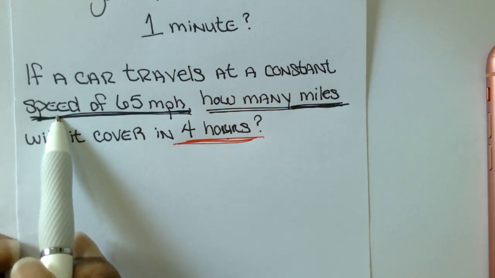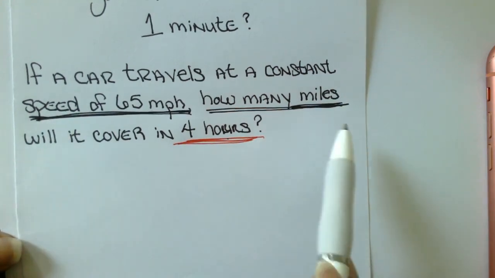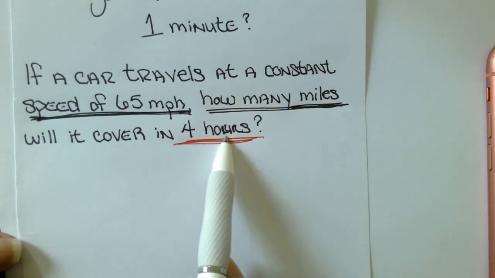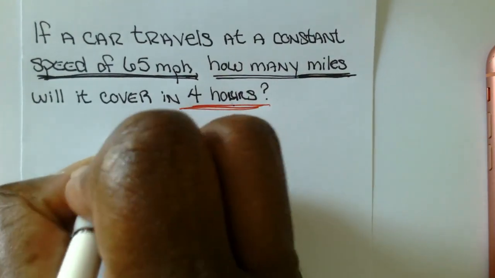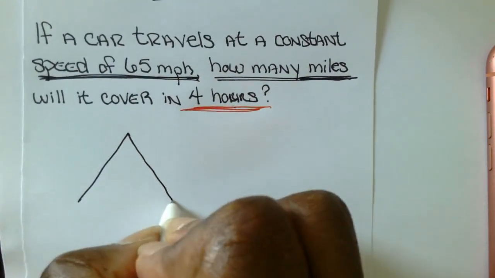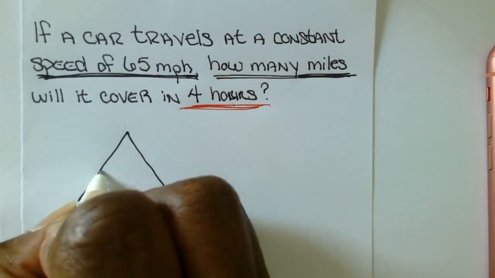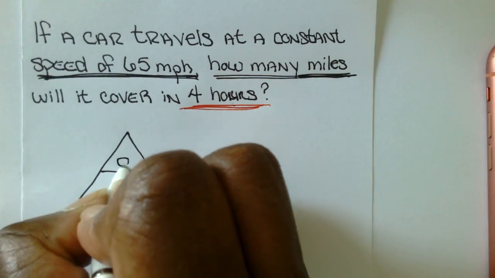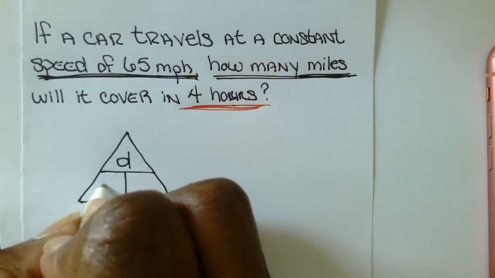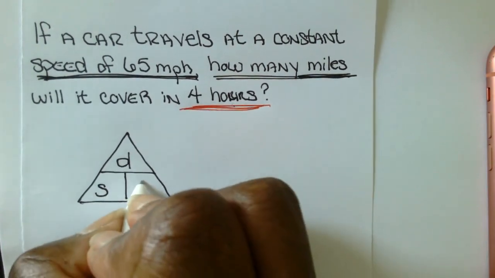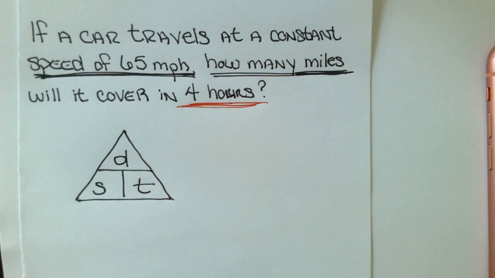So if they're talking about miles, hours, and speed, this is one of those distance, rate, and time type of questions. Distance is always at the top. Our rate or our speed, I'll put speed today. And then we have our time.